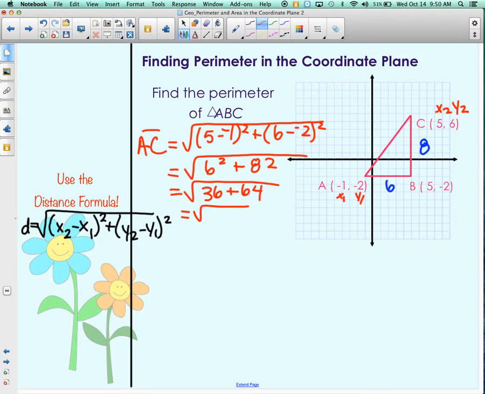That is 100. What is the square root of 100? 10. Oh, that one came out nice. You're welcome. Thank you. Okay.